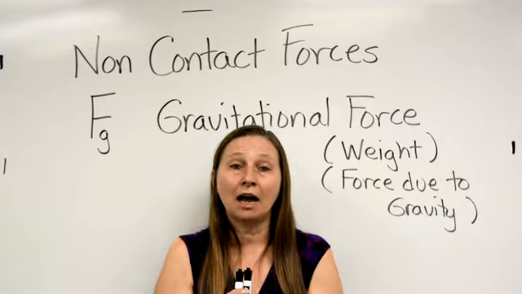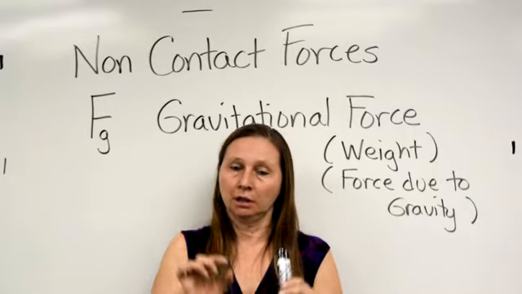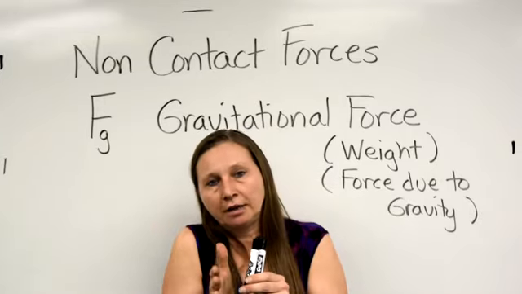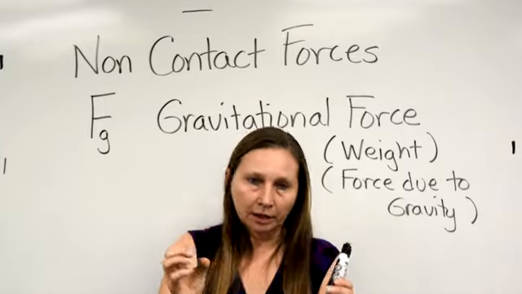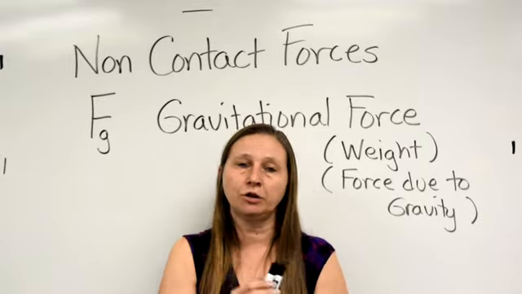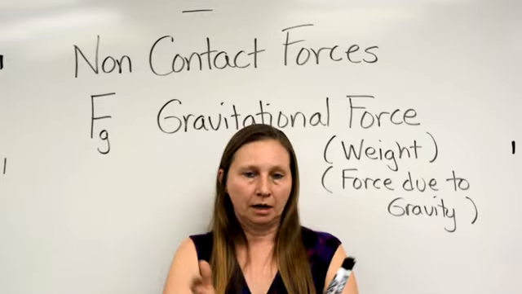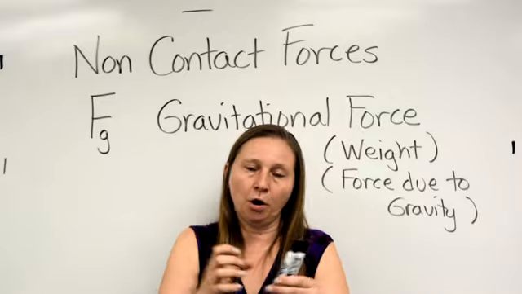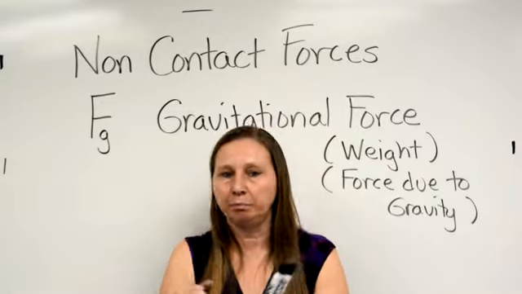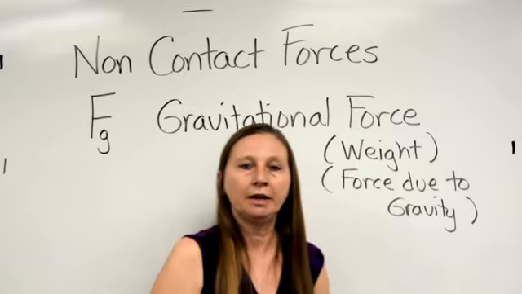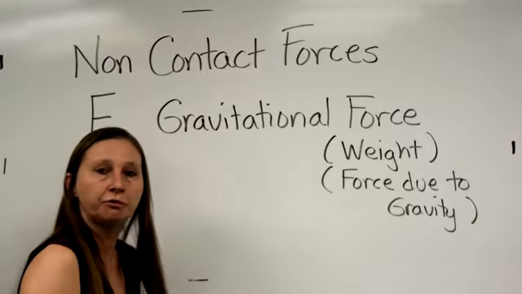And that's how planets are formed. Little particles of dust are attracted to each other. Little pebbles floating in outer space are attracted to each other. It's called accretion. And these rocks, these particles come together. They get bigger and bigger and bigger because of the gravitational force.